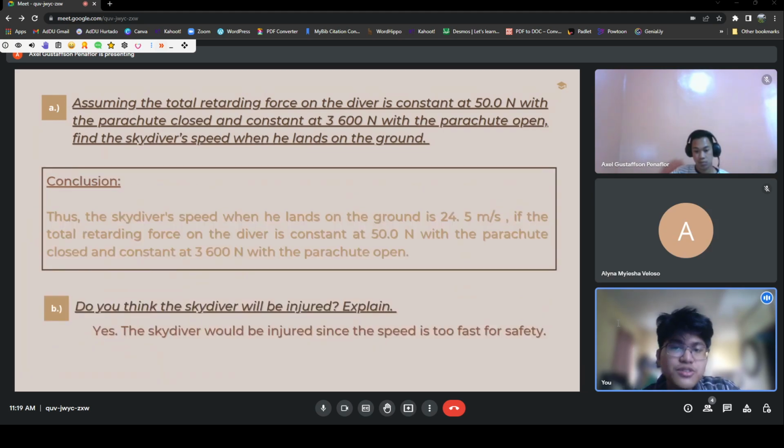We then substitute the given values to derive the answer of final velocity equals 24.5 meters per second. Thus, the skydiver's speed when he lands on the ground is 24.5 meters per second. For letter B, the answer will be yes, since the speed of the skydiver is too high for safety, causing him to have a possible injury.